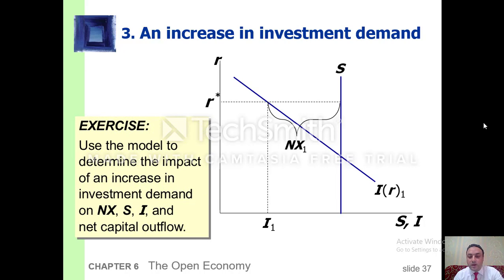You can think about it. You can pause the video and think about this exercise. Use the model, according to the concepts that we explained earlier, to determine the impact of an increase in investment demand. When we say investment demand, we are talking about the investment curve.